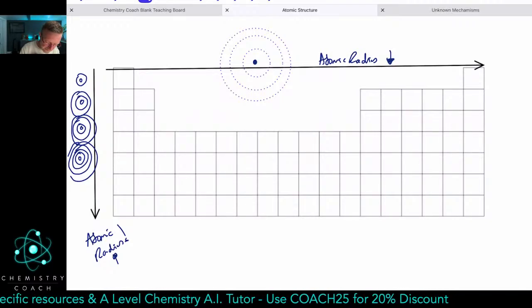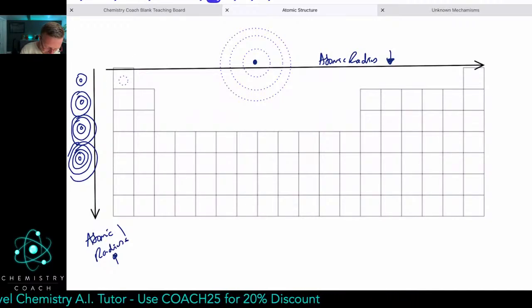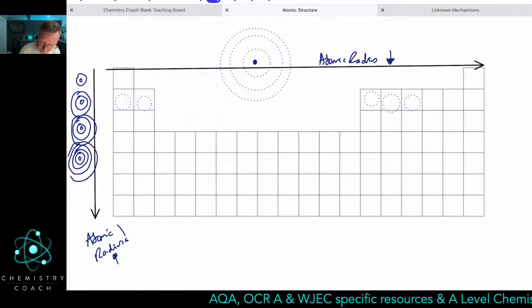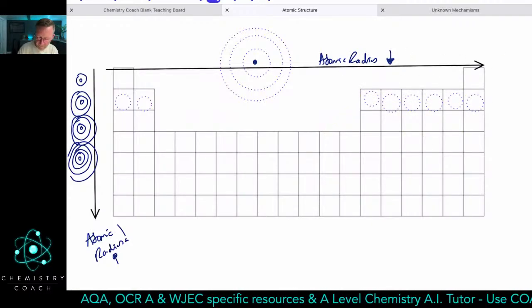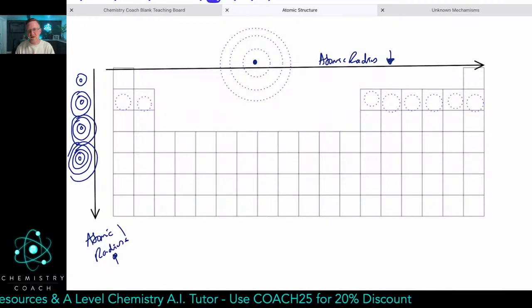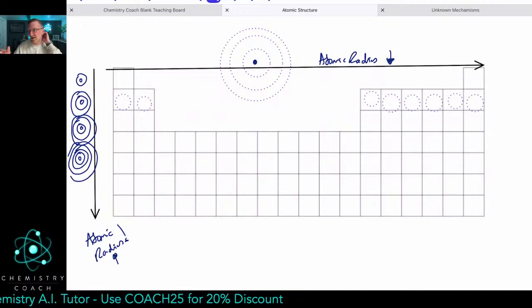The reason is that as we go across a period, the number of shells that we have stays the same. So the atomic radius for every single atom going across is very, very similar, very close, because we're not adding energy levels of electrons, we're just adding an electron.